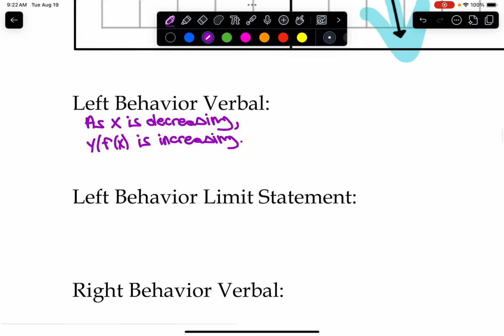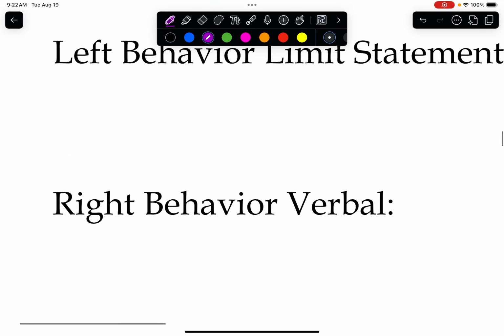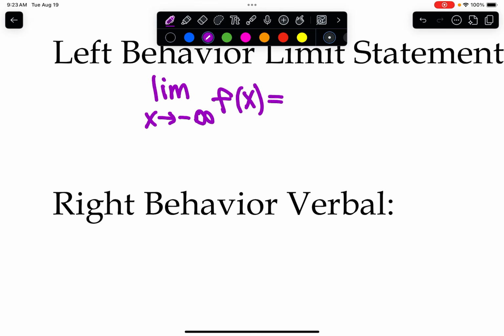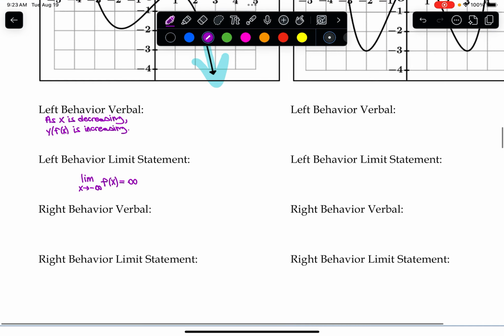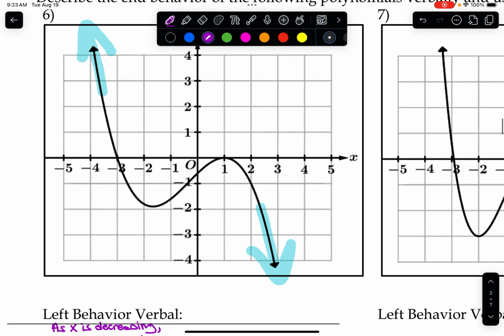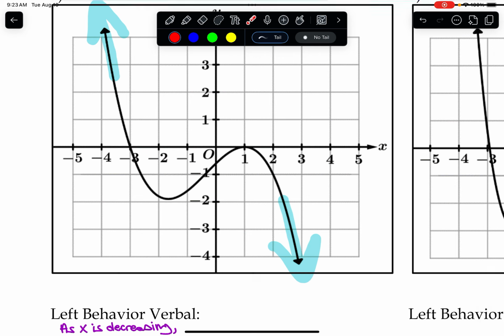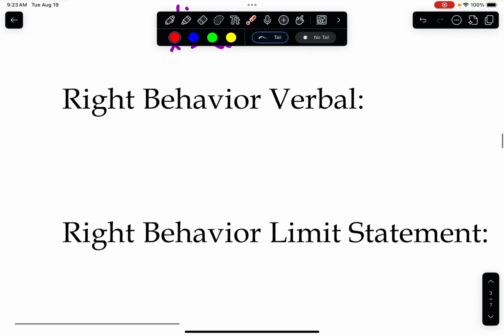And then as a limit, you're going to start with the limit as x is approaching negative infinity of f of x. That's going to equal positive infinity, since it's going up, since it's increasing. Now for the right-sided behavior, as my x value is increasing, I notice that my y values are decreasing. They're going down.